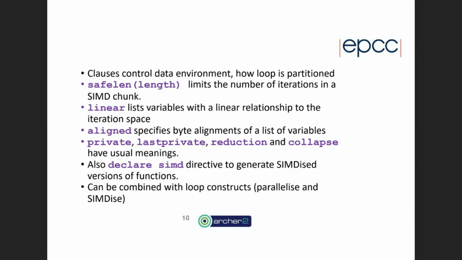This is very important for enabling vectorization. It's one of the things that the compiler really needs to know but can't in general tell from inspecting the code, which is how your data structures, your arrays, for example, are aligned. So you can specify the alignments of variables so that the compiler knows and has a better chance of generating the vectorization.